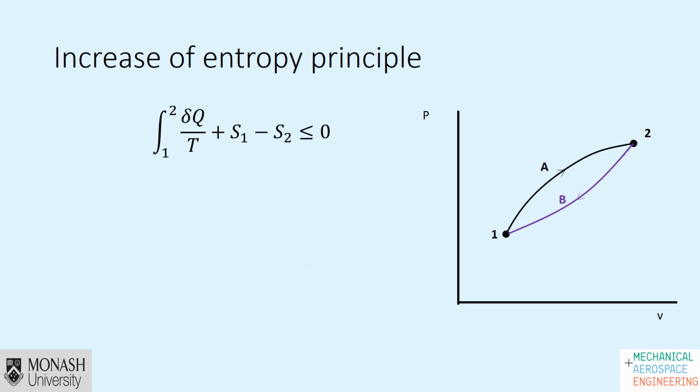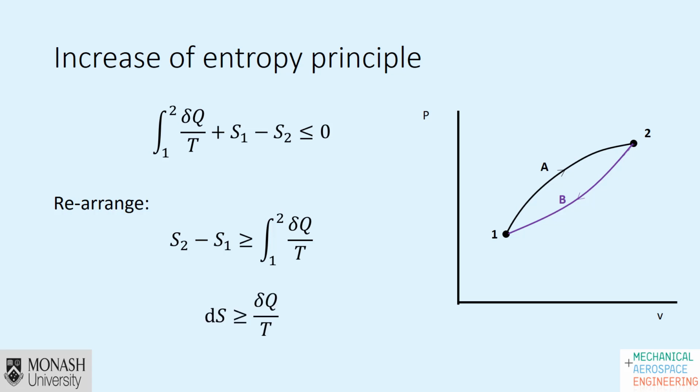So if we take this expression now, we can rearrange it and say that the change in the entropy must be greater than or equal to the integral evaluated along that path. Of course, if it's a reversible path, it will be equal to it, and we're simply back to our definition for entropy. But it's when it's not equal to it that it gets interesting, because that means the change in entropy must be greater than the result of evaluating that integral.